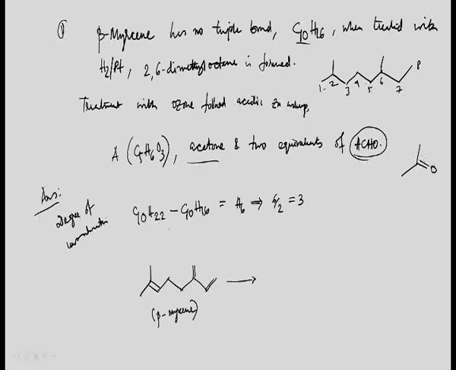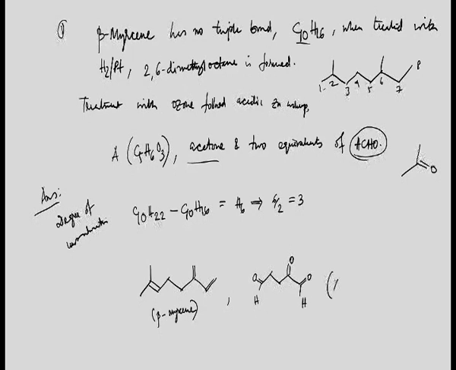And now, what will be the structure of A? So, this will be beta myrcene, and the structure of A will be, so if you do the ozonolysis here, you get the aldehyde, here you get aldehyde, a keto, and here you get aldehyde.